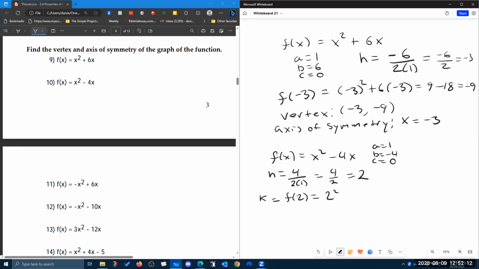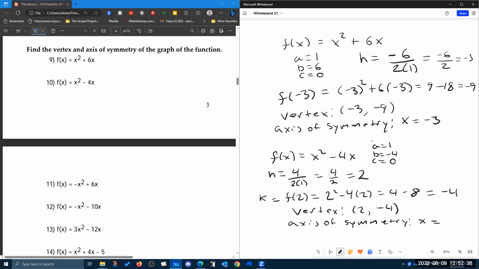It's going to be 2 squared minus 4 times 2, which is 4 minus 8, which is negative 4. So my vertex is at 2, negative 4. And my axis of symmetry is at x equals 2.